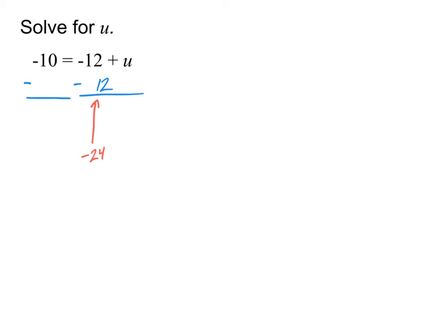Isn't addition supposed to make it go away? Well, yes. When we undo the addition by subtraction, it does make it go away, but we have to subtract out the exact same number. Our starting number up here is -12, not a +12. So we have to be subtracting actually a -12 from both sides.